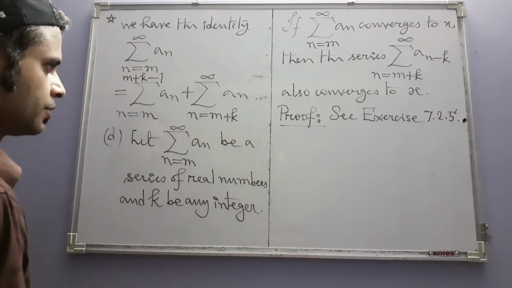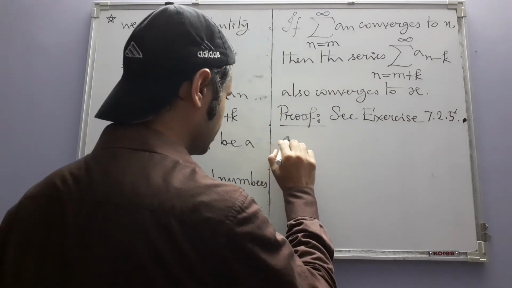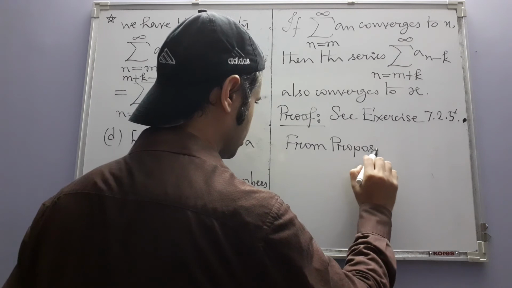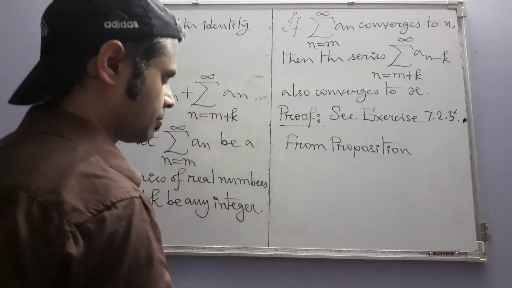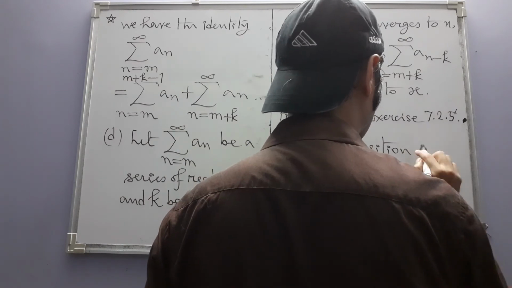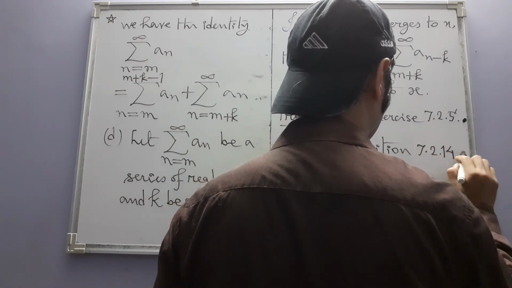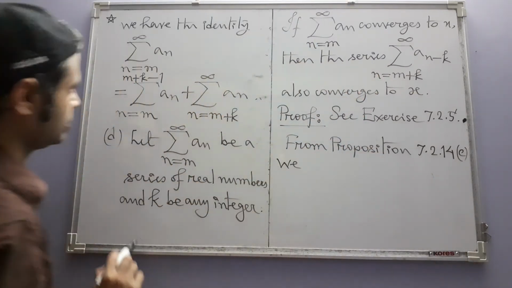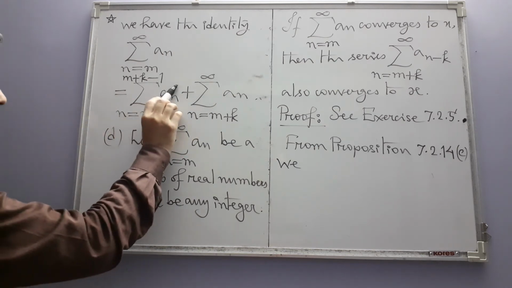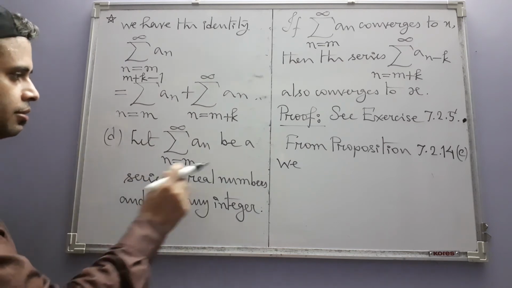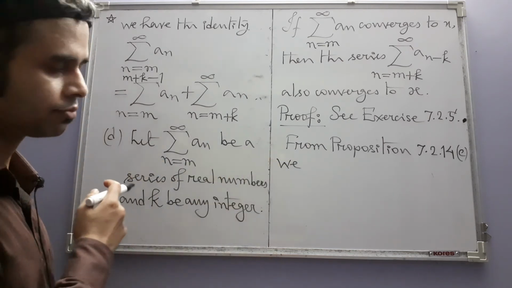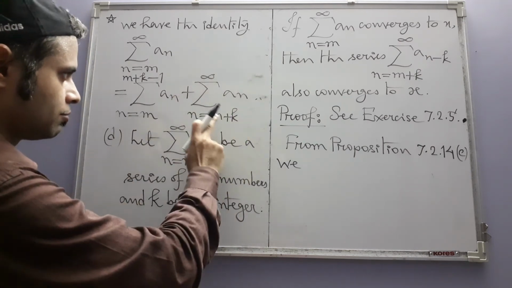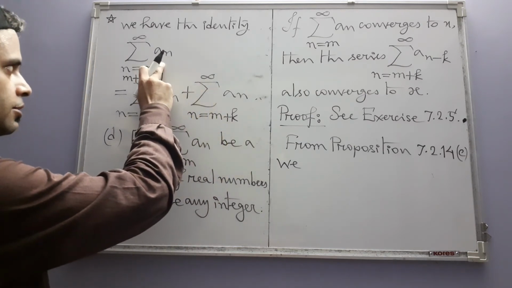Now there is a little discussion from this proposition, that is the series laws, part C. Even if you remove finitely many terms from the beginning of a series, whatever is left will form a convergent series provided the original series was convergent.